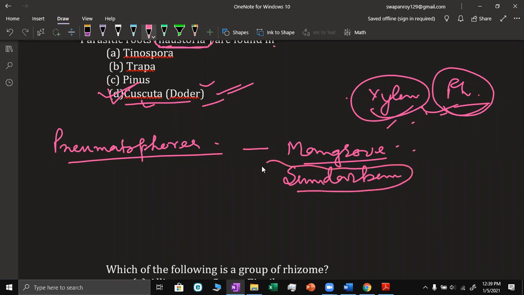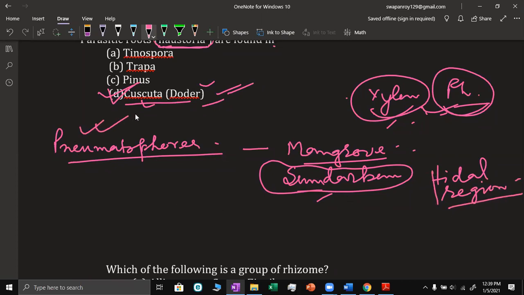Sundarban, that is the deltoid region of the Ganga, in West Bengal. All these tidal zones, tidal region, and in the coastal region, this type of plants are found that we call the mangrove.